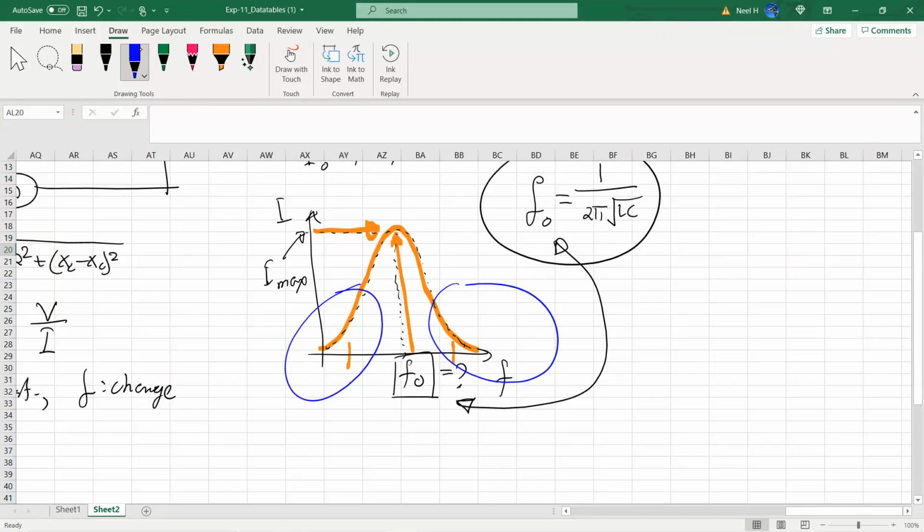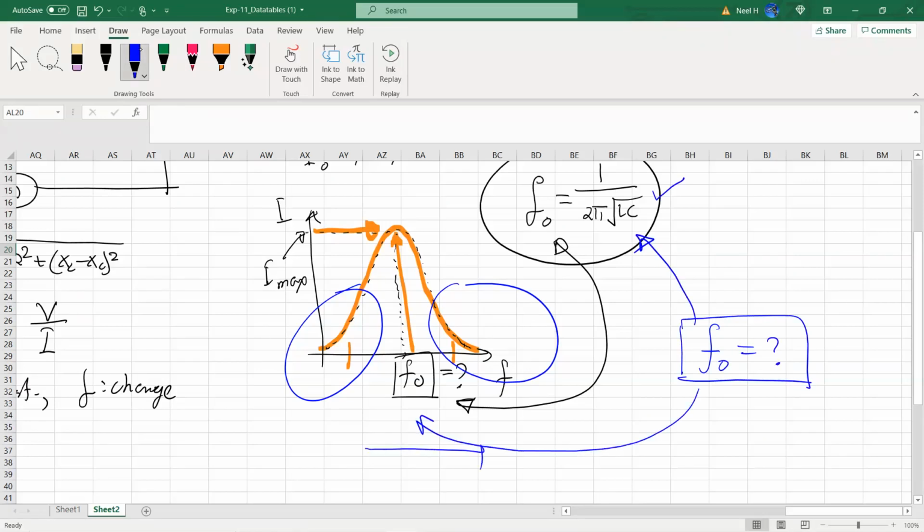Otherwise there's no meaning in doing this experiment, because I have no idea about the resonance frequency, right? The trick is we can calculate it by knowing the values here, and then we know the range we are investigating. Then we can select the range of frequency from F1 to F2. Then we know exactly that the maximum is in that range. Then I can slowly change the frequency to figure out the exact maximum point, okay?